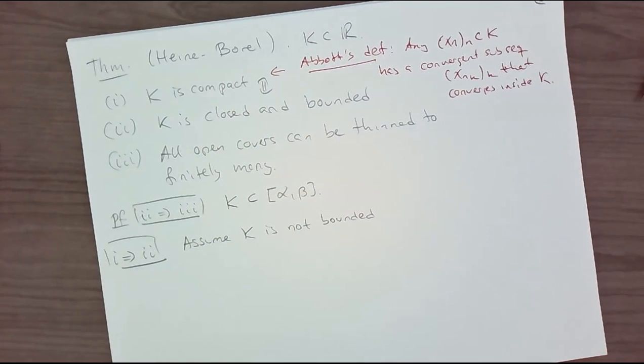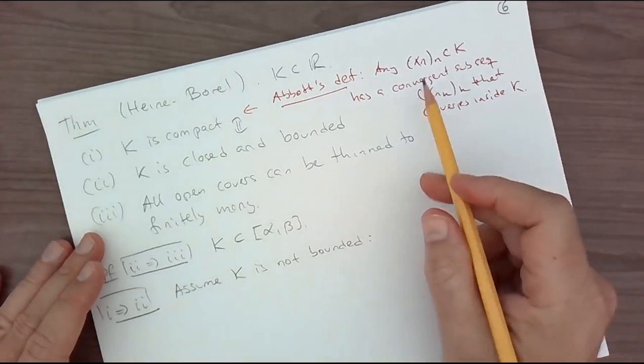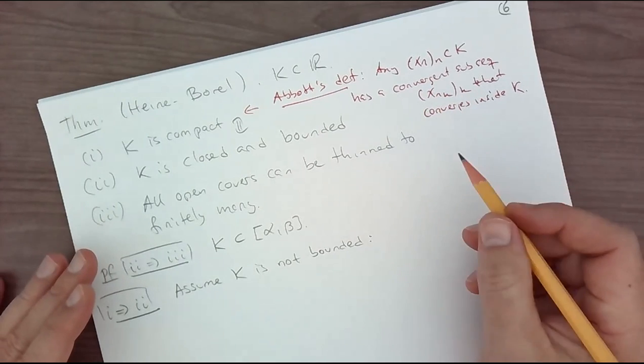Right, so if you assume that K is not bounded, then we want to get a contradiction with the statement up here.